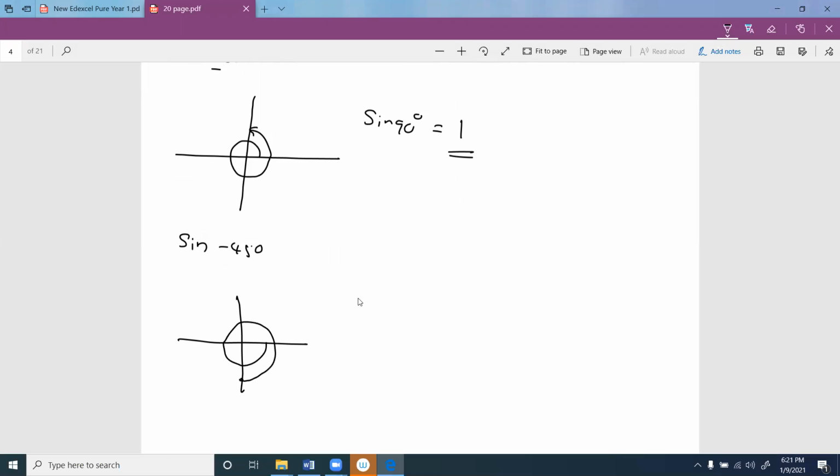Minus 450 is here. That turns up to this side. That is how much? This is exactly similar to sine 270. Sine 270 you can get from the calculator. It turns up to minus 1. It's pretty simple. So you can get this answer in this kind of format.